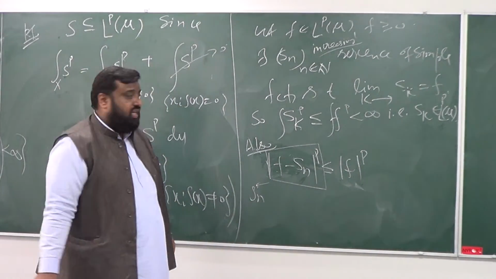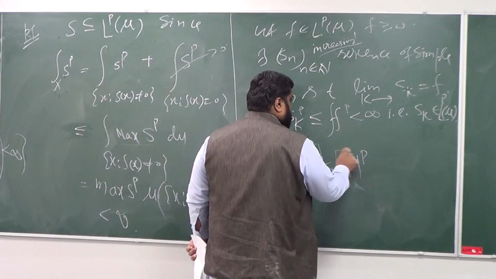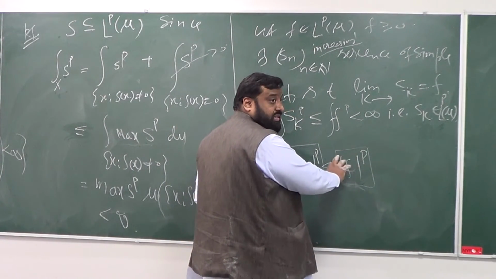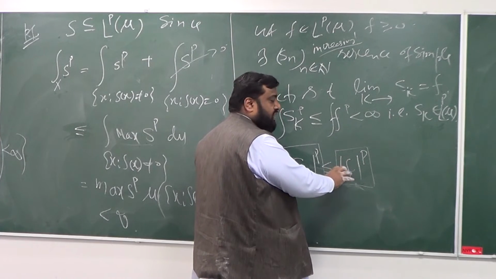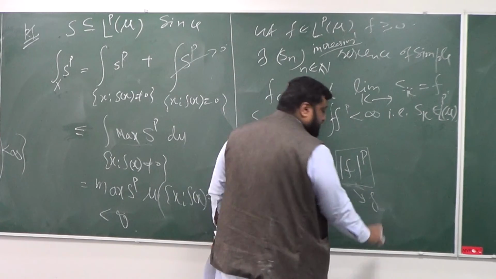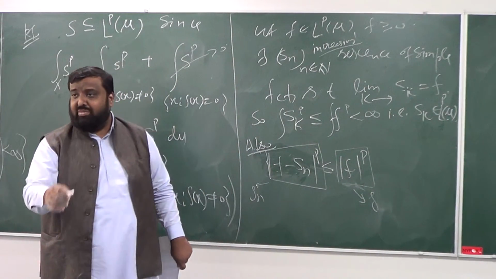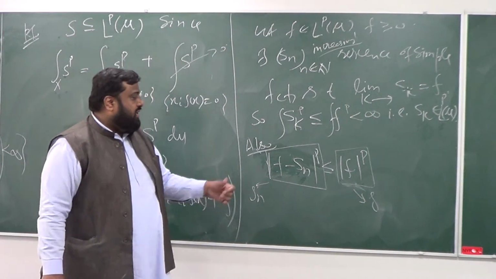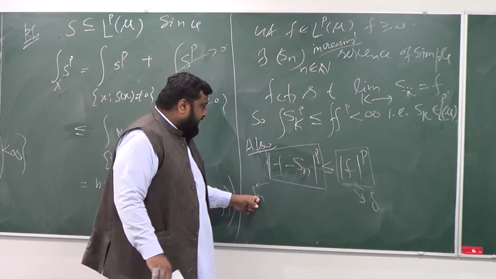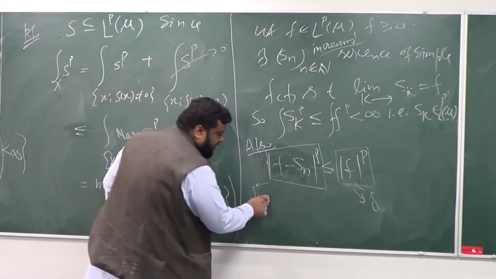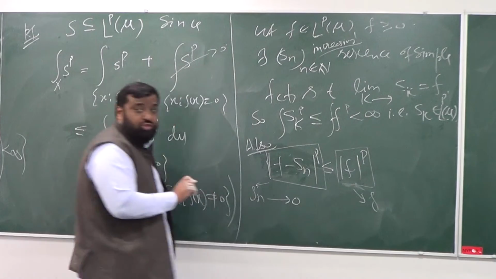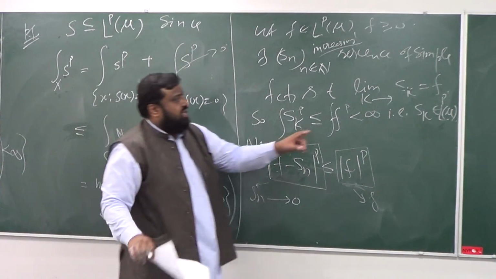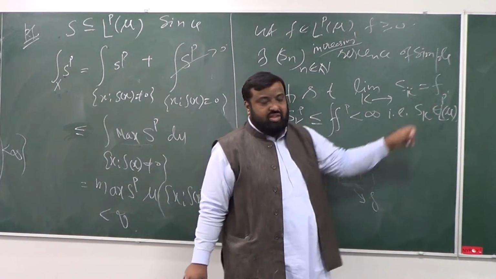And I am treating this expression as the function g that you have in the Lebesgue dominated convergence theorem. This sequence is going to converge to 0, because s_k is converging to f.